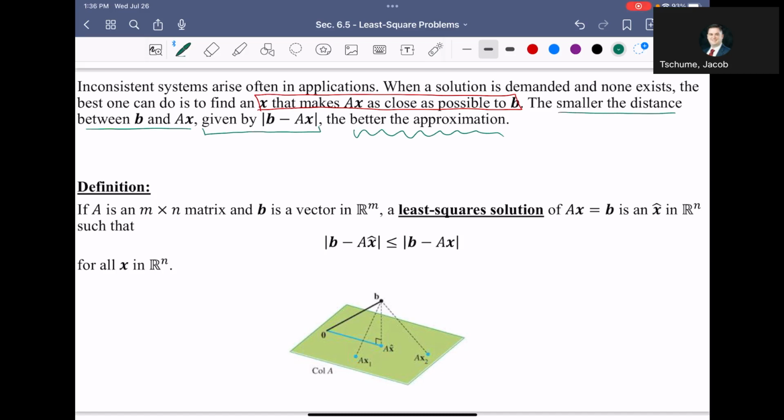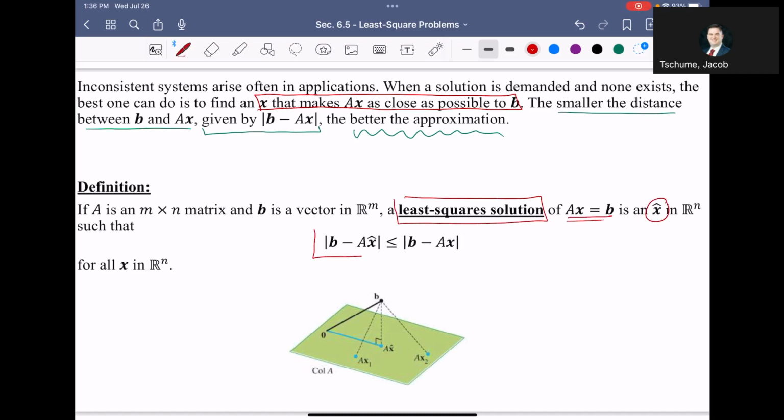So can we find a vector x that minimizes this error between b and Ax? Well, let's define something here. Let's assume that A is an m by n matrix and b is a vector in the mth dimension. Then we can define a least squares solution of the matrix equation as the vector x hat, such that the following always is true.